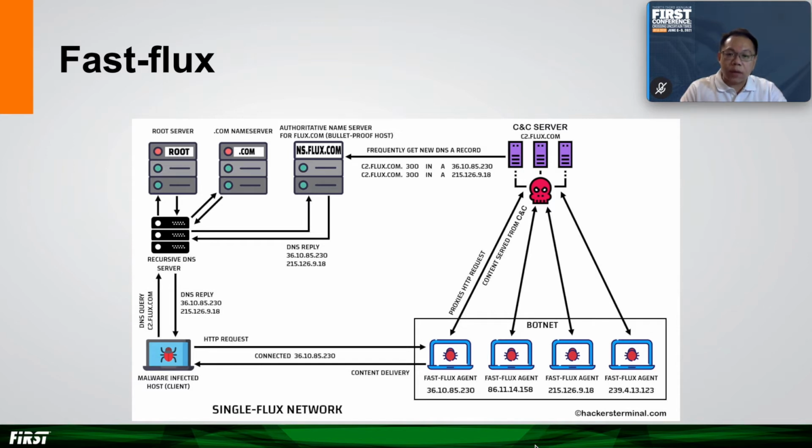A single-flux network is usually related to a single domain name and combines the round-robin DNS response with very short TTL, which is time to live values. At the expiration of TTL, new IP addresses replace the old ones for those DNS records in the DNS zone file. Thousands of fast-flux agents' IP addresses are used in a cyclic order for DNS record.